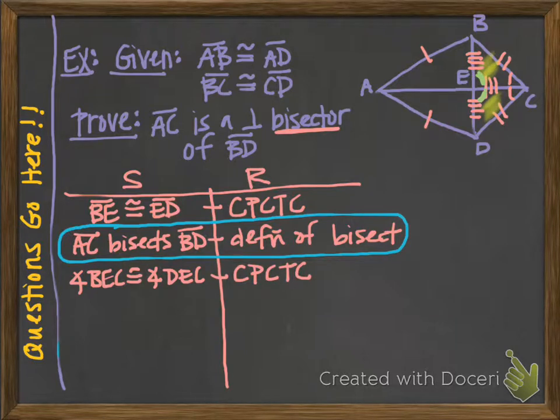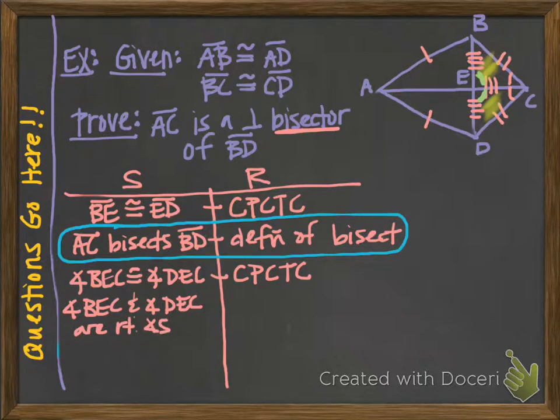Because they're congruent, we can assume they're supplementary. Now we can say those are right angles. Angle BEC and angle DEC are right angles.